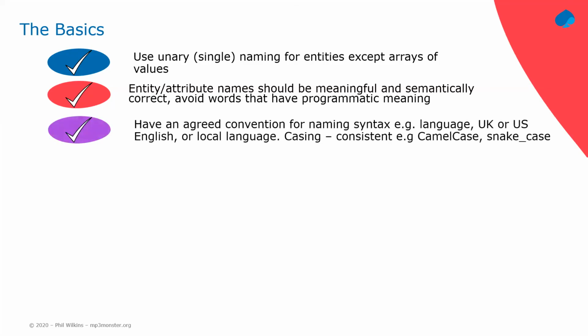Use language in a very consistent manner. US or UK English, don't mix colour with a U and color as the Americans spell it. And use camel case or snake case, but whichever way you do it, be consistent, because what you'll find is as people use your APIs, if you're consistent, they'll find it really easy because they won't have to look up every API before they use it.